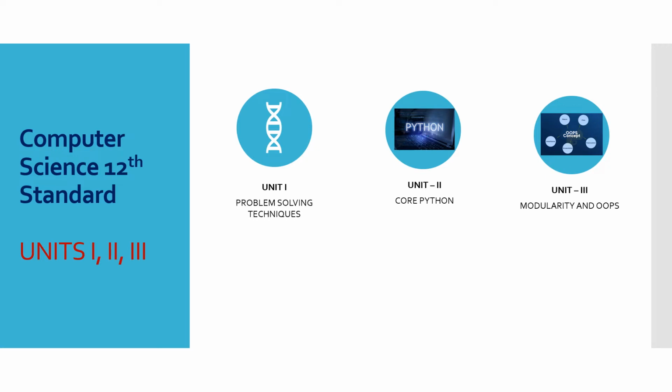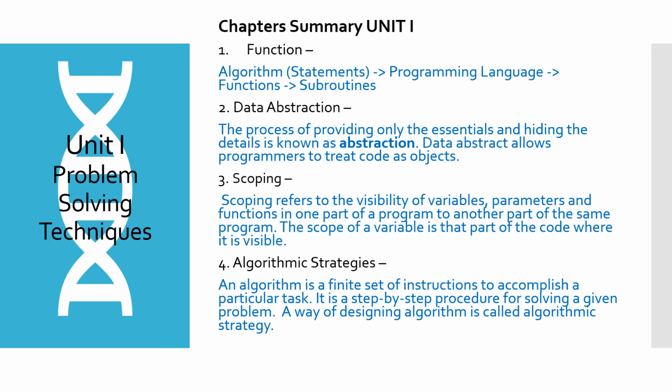So we finished Unit 1 in the last 4 videos, and the slide you're seeing now is a summary of those chapters. I thought I'll give a quick overview before we go into chapter 5, which is about Python. In chapter 1 we discussed function and what is a function, which you all know by this time.